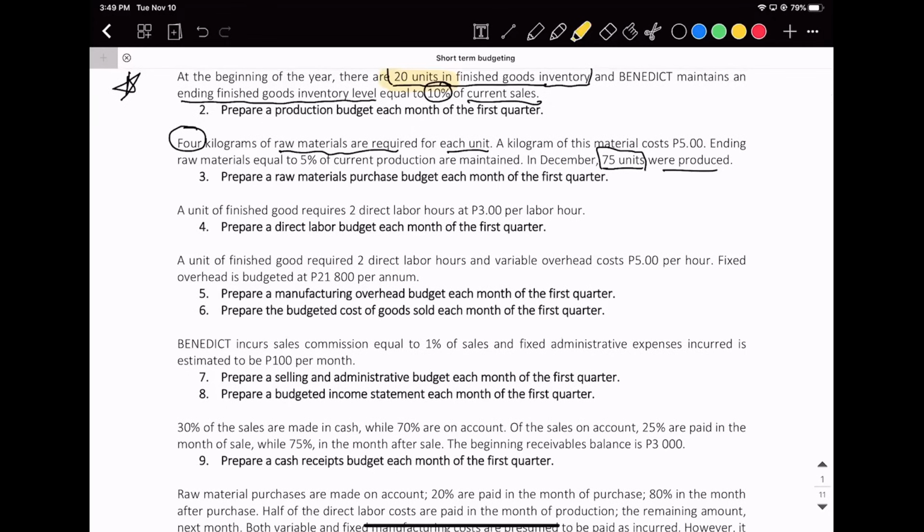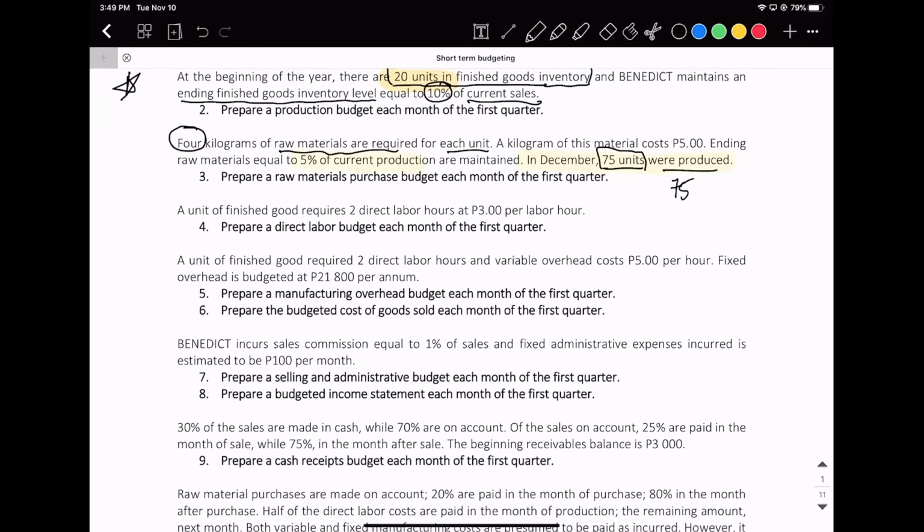Pero meron tayong data: in December, 75 units were produced. So, kung 75 ang na-produce, ilan yung 5% na minentain natin last year? Paano makuha?